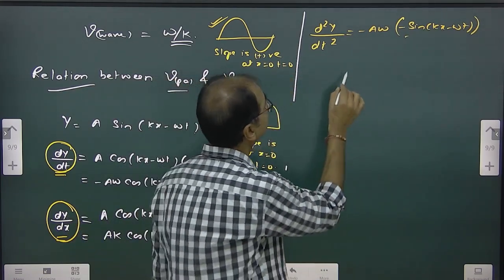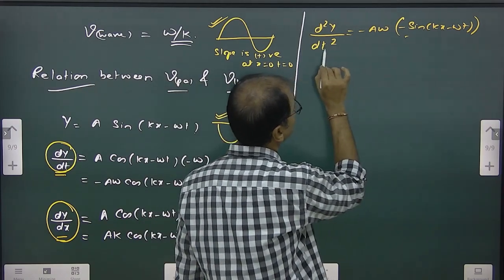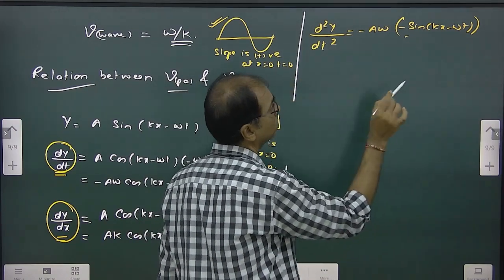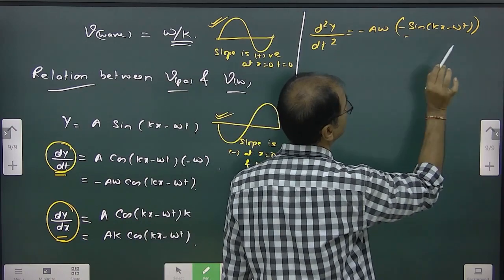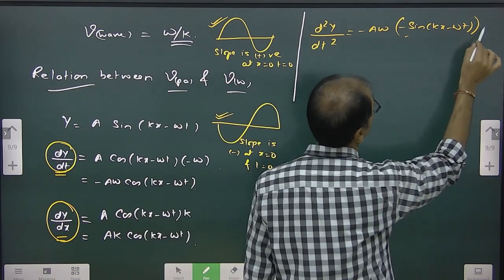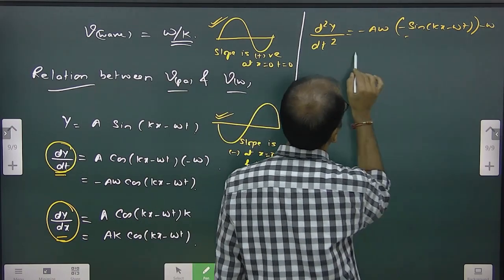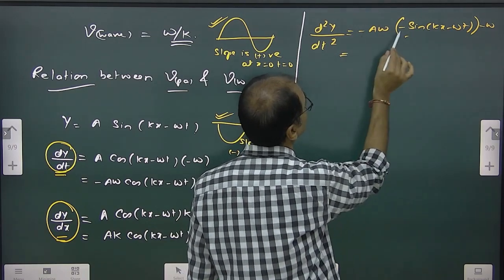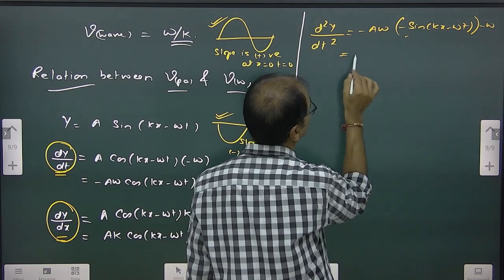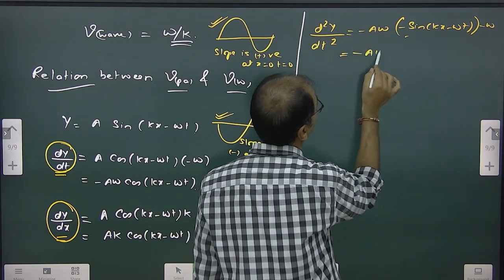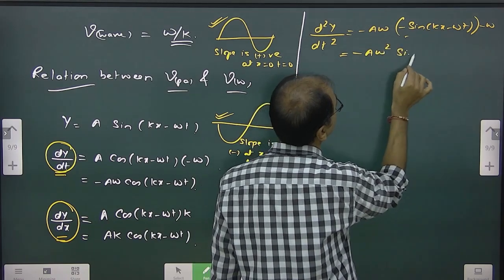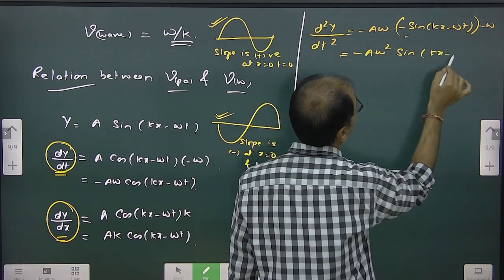What is going to come? Here we are doing it with respect to t. So x is constant. So kx differentiation 0. Minus omega t differentiation minus omega. So what we got? Minus, minus, minus. So eventually minus A omega square sine kx minus omega t.